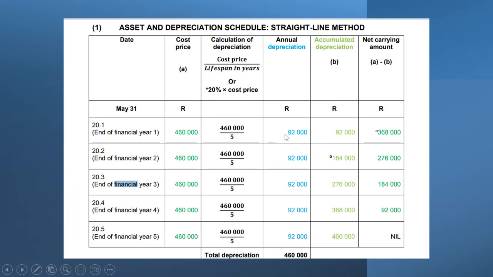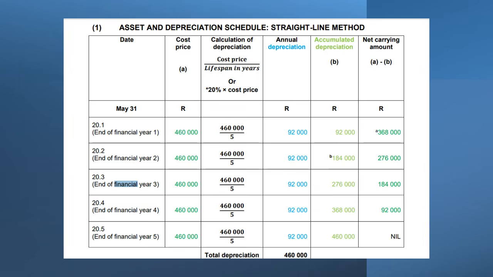On year one, we calculated a depreciation of 92,000 rand, and we included that 92,000 rand as accumulated depreciation. Then in year two, we calculate another annual depreciation of 92,000. Then you need to add it on top of the 92,000 that's already there, because we are adding all the depreciation expenses for each period. So if you add 92,000 plus 92,000, you get 184,000.